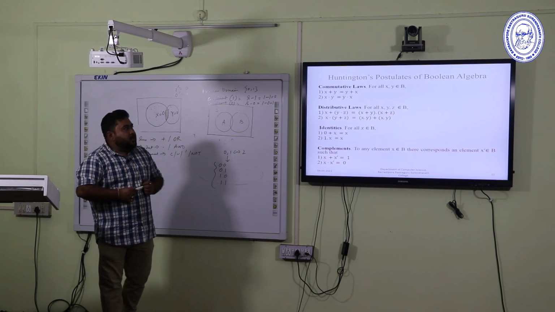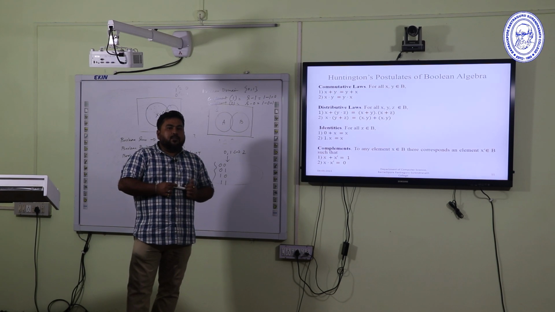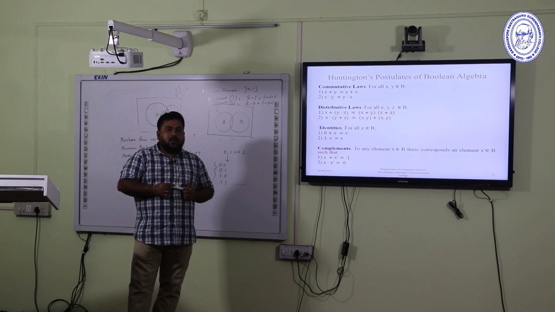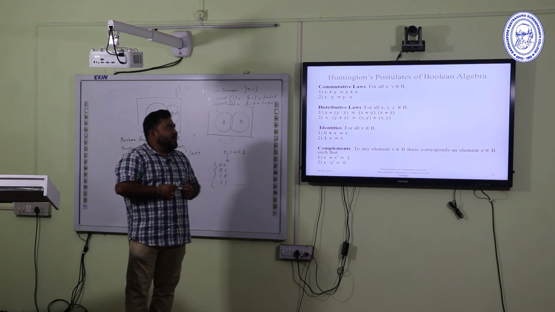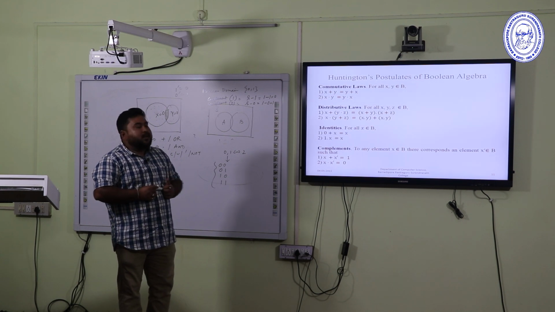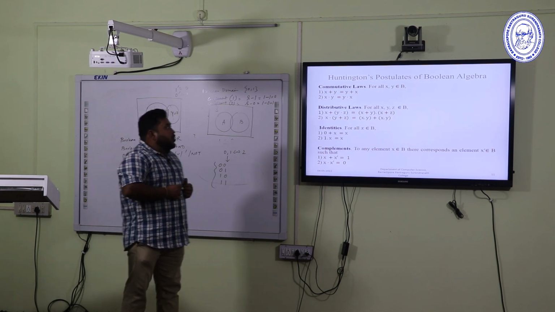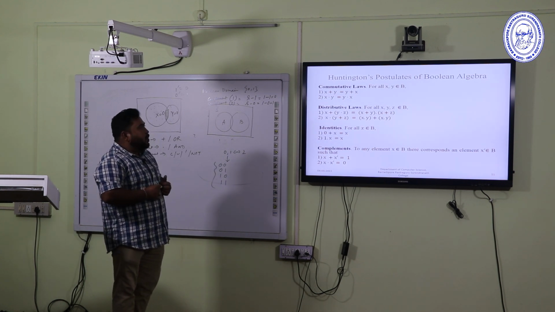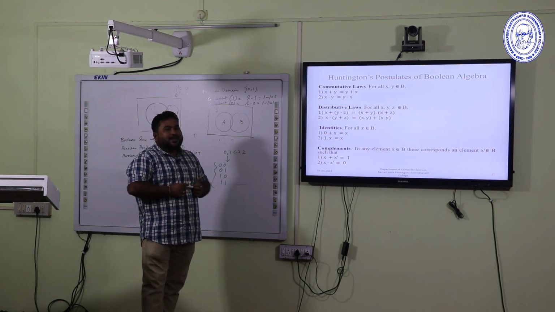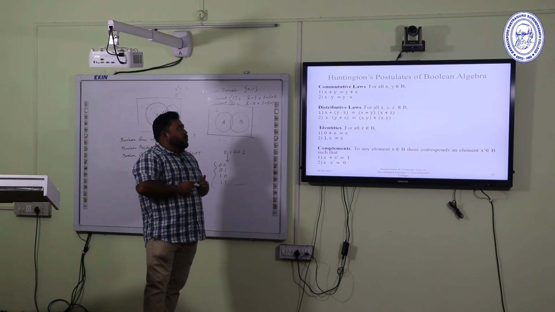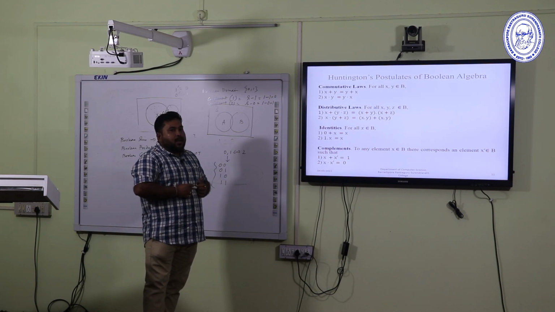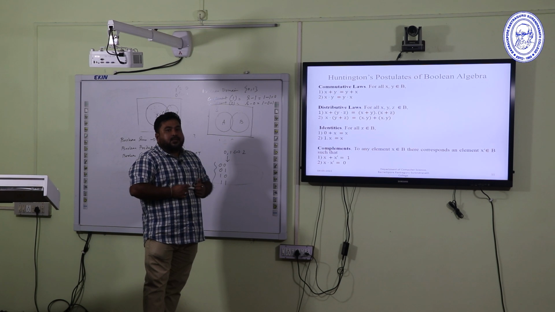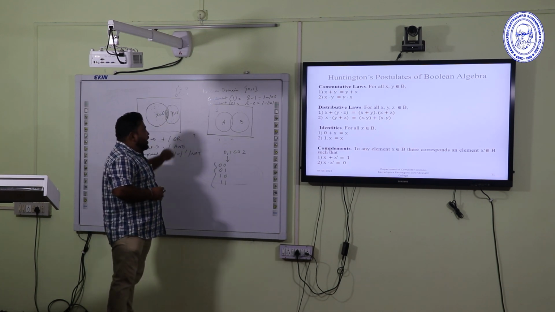Now, Huntington discovered some rules based on Boole's mathematical work, and it is known as Huntington's postulates. So according to the first postulate, that is the commutative law. So what is the commutative law? If x and y are elements of B, then we can write x plus y is equal to y plus x. So let us take an example.